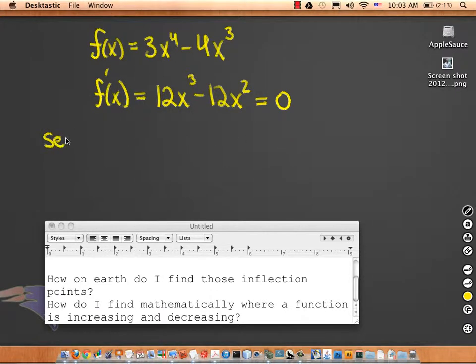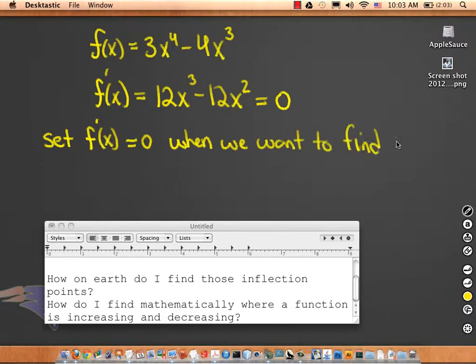So we set f prime of x equal to 0 when we want to find intervals of increase and decrease.